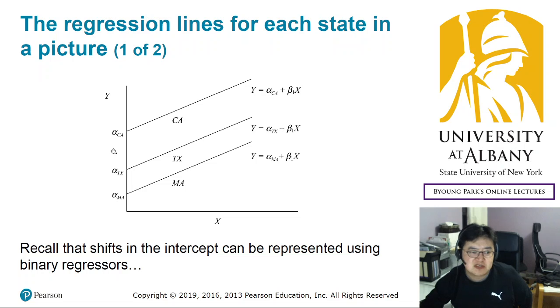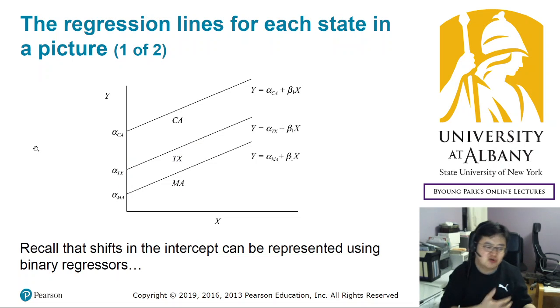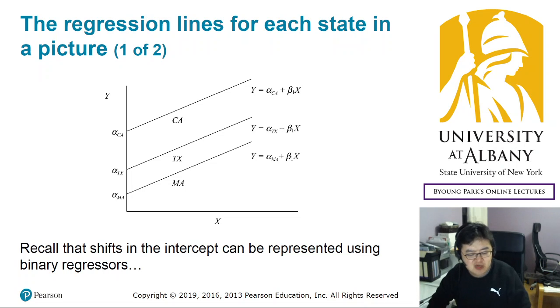So for some reason that we do not observe in the data, California has a higher outcome than the other two states. I don't know why, but we can guess, as we did, that California may have different culture, may have different density. So you can think about some different factors, but they are not observed.